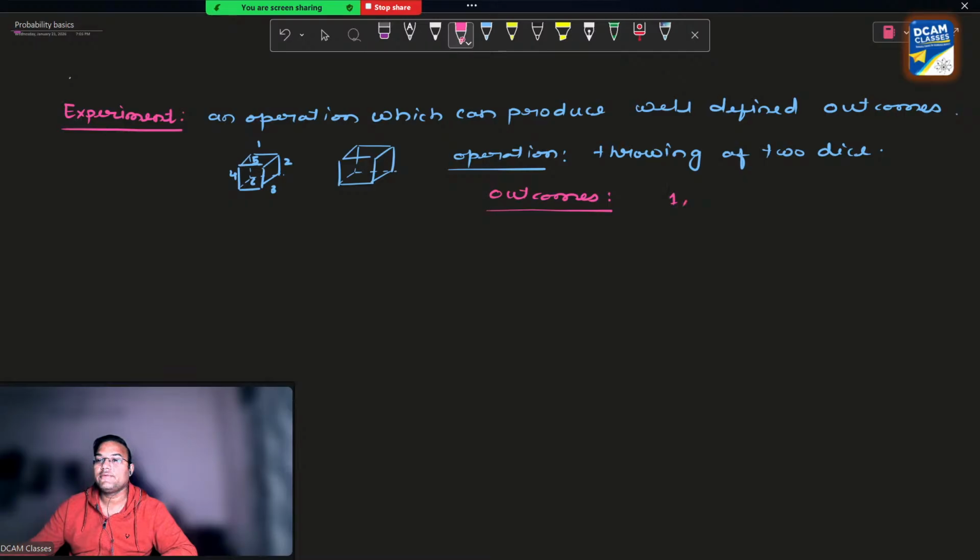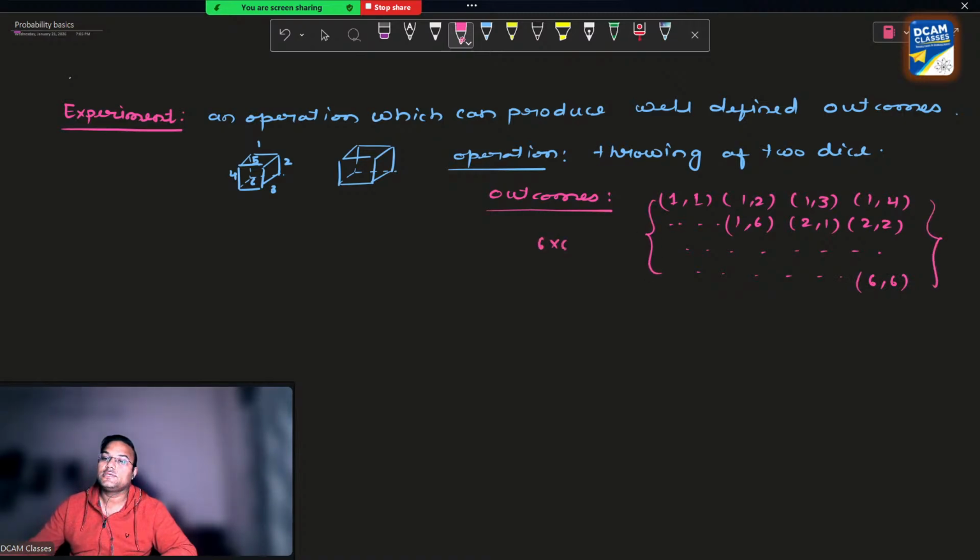Either it can have 1 1 or 1 2 or 1 3 up to 1 6, then again 2 1, 2 2, like that. All possible cases up to 6 6. So total, if you want to calculate, it will be 6 into 6, that is 36.